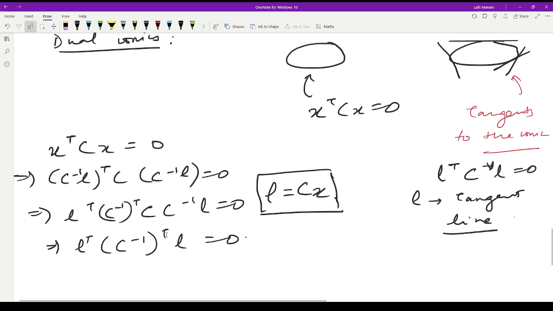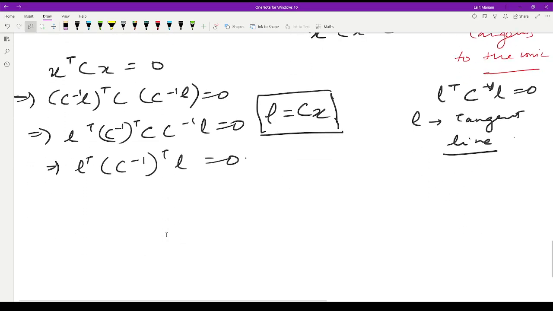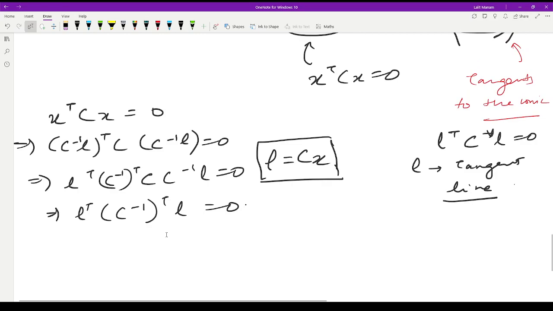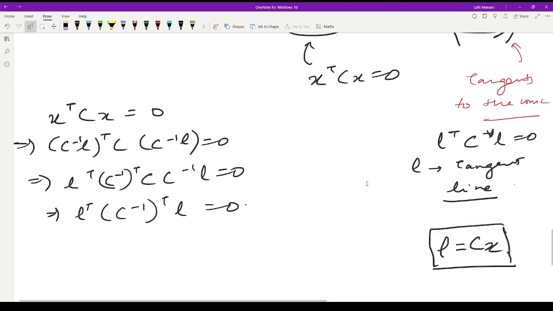Sir, I have a small doubt. How is X equal to C inverse into L? I'm getting it from here. So if your line is C into X, the line tangent to the conic, and L by C, sir?